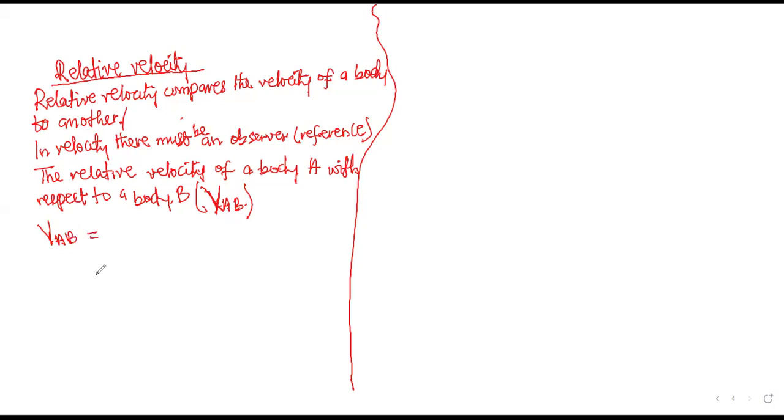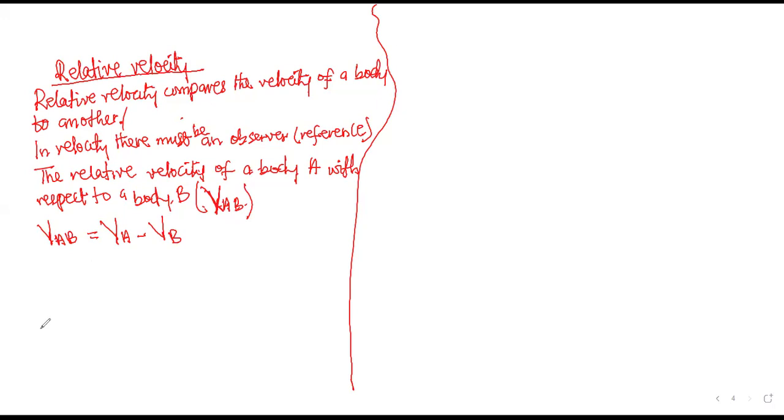So V of AB is equal to the velocity of A minus the velocity of B. So the relative velocity of A with respect to B, meaning a body B moving with the velocity of B is observing or comparing the velocity of a body A with a velocity VA.